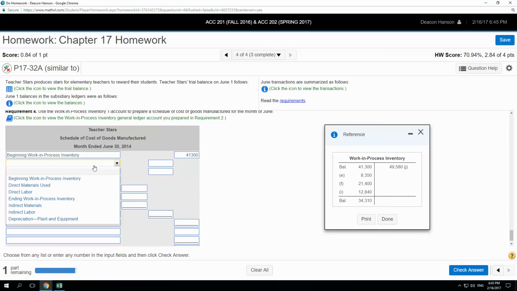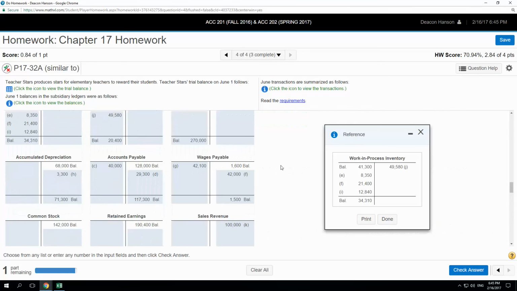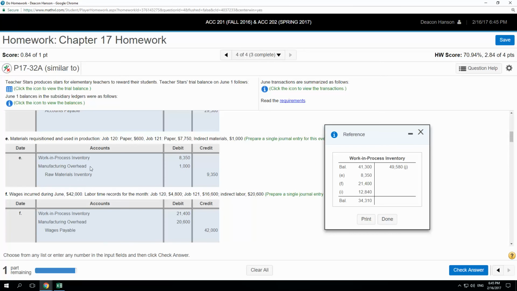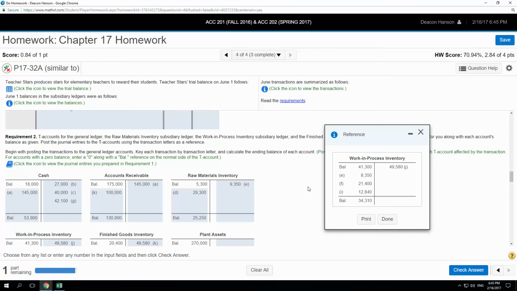Then we're going to add the direct materials used, which is item E. If you were to look back up at the journal entry, you'd see an item E. That's the direct material going in. Item F is the direct labor. Item I is the manufacturing overhead.